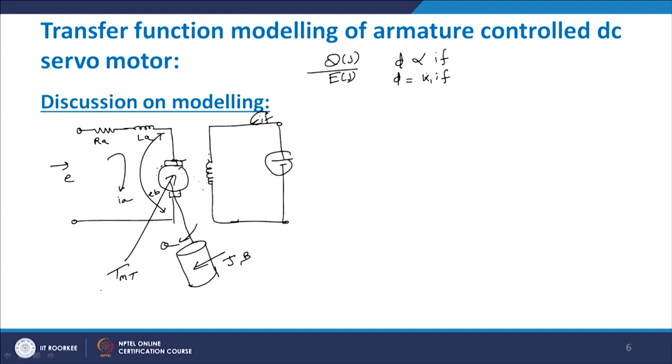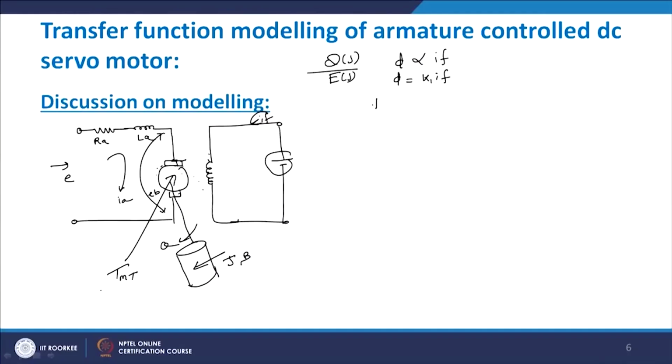Now finally, what is the aim of the motor? The aim of the motor is to produce a torque. The torque is proportional to flux and armature current. Therefore, the torque developed by this motor is proportional to flux into armature current. Now this is a proportional sign, we can also remove it.